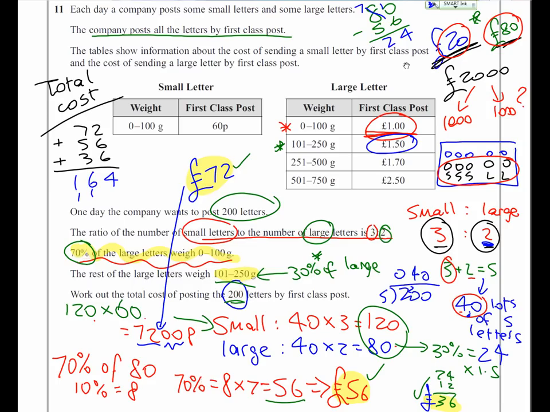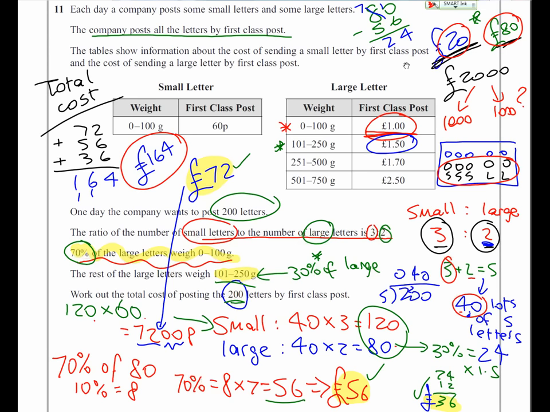So your answer is 164 quid. What a lot of money to spend on posting parcels. Hey, but if it does a job, then you might make more money from it, from your business, hopefully. Your business is making money.